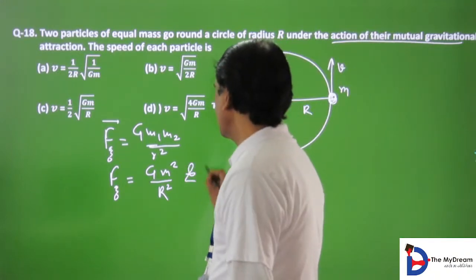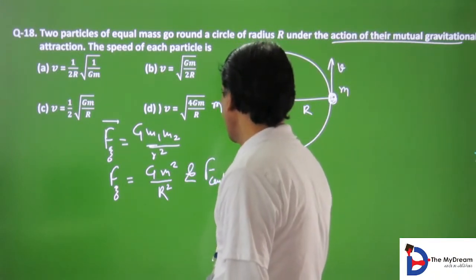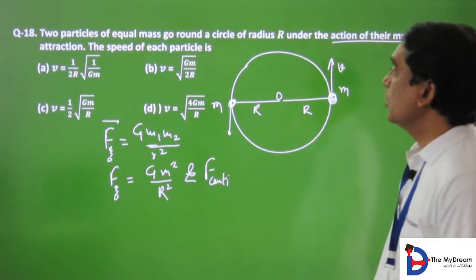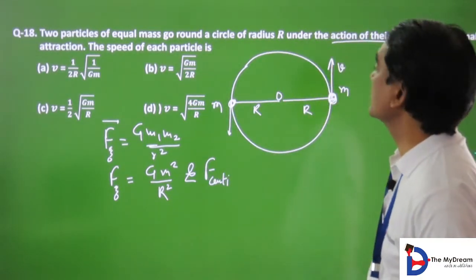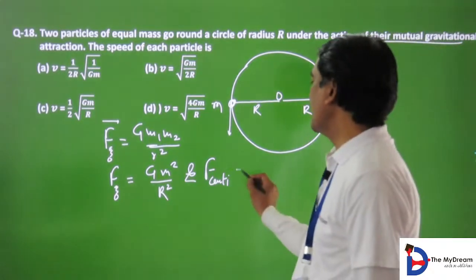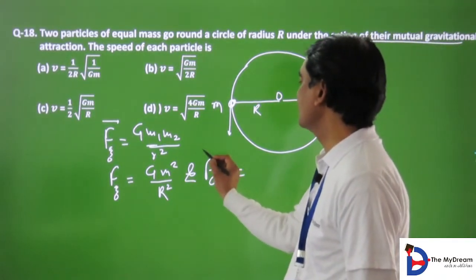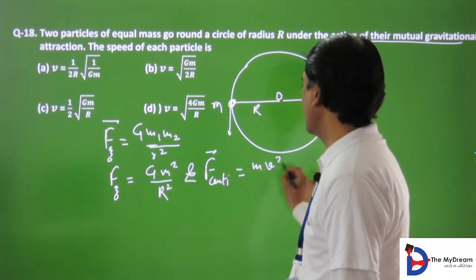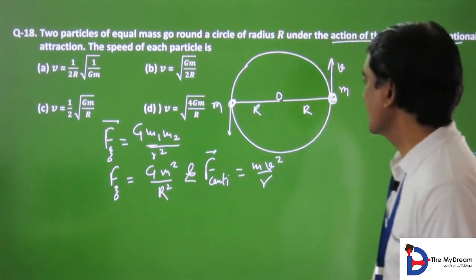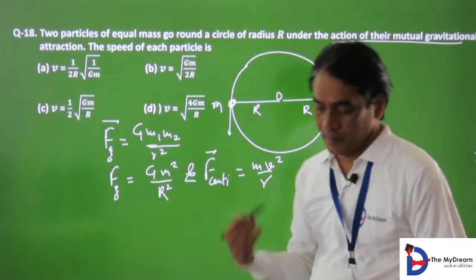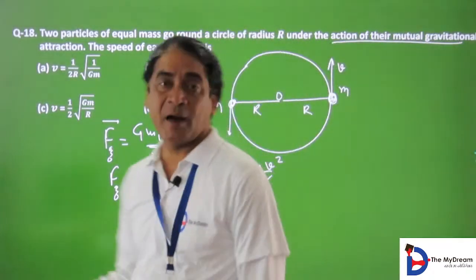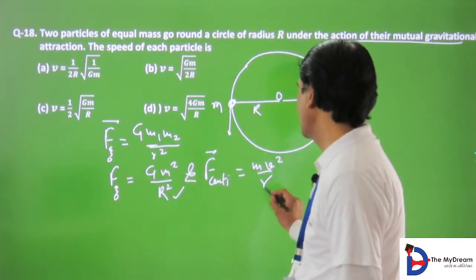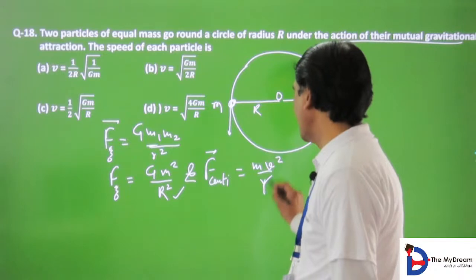And the centripetal force, as they go round a circle, is given by mv square by r. The system is in equilibrium, so net force is 0. So this is equal to that. And in place of r, you can write down capital R.